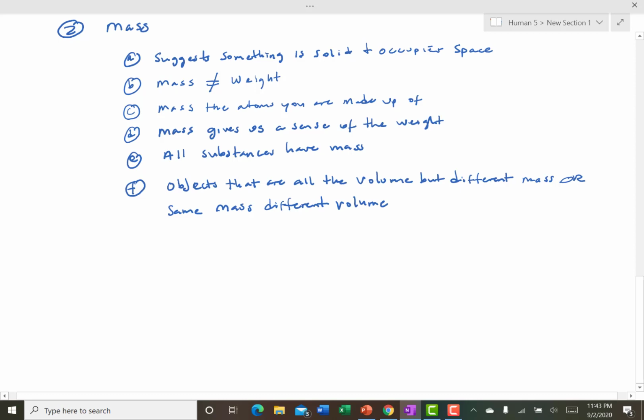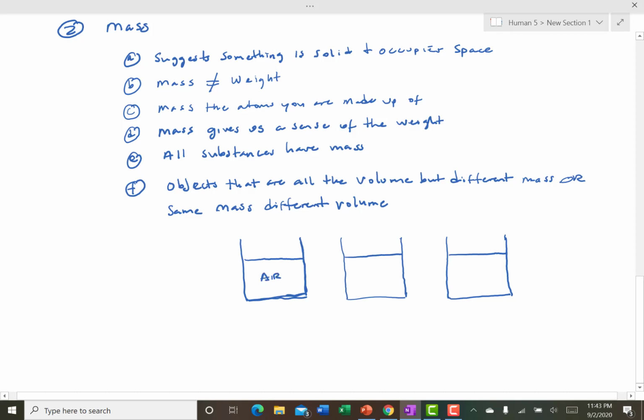Okay, so an example of that would be if we had, let's say, 3 beakers, and they were all filled with the same volume. So we'll pretend that this is exactly the same volume in all 3 beakers. And in one of the beakers you had air.